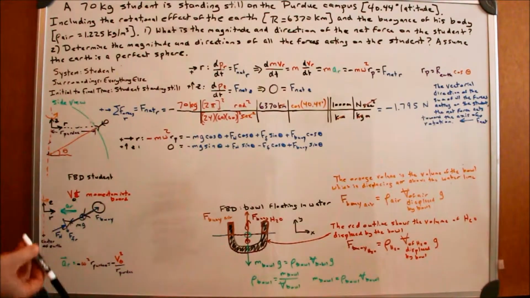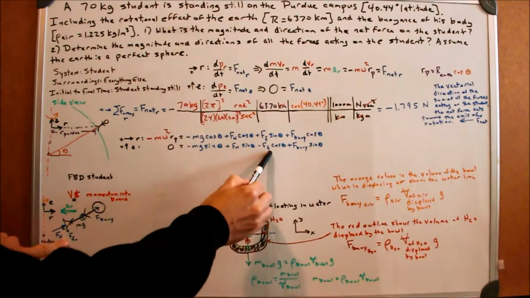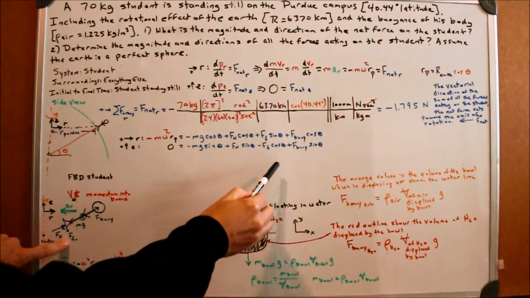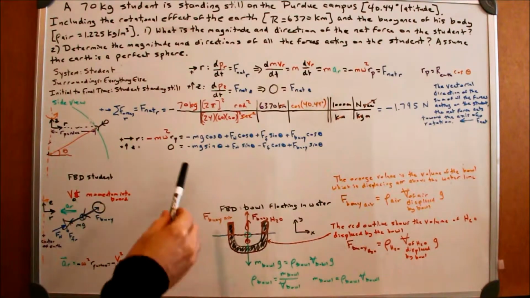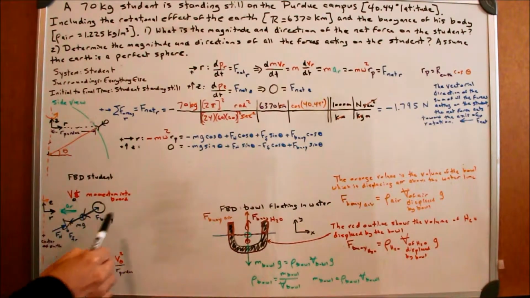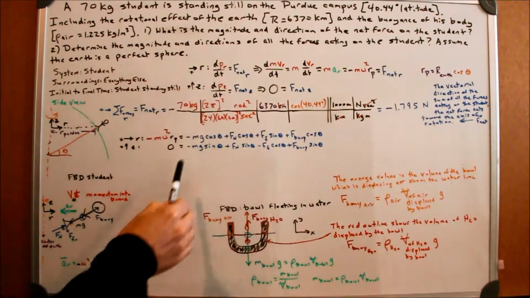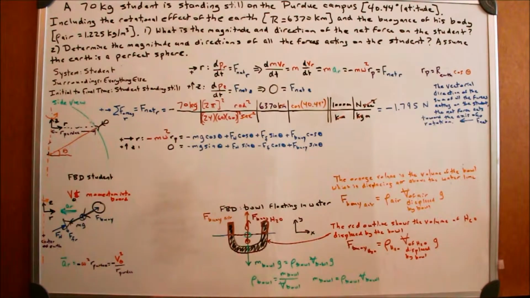The frictional force has a minus frictional force cosine theta, and the buoyancy force has a positive term. So with all the forces I described, now I have these two relationships that can help me solve for the magnitudes of all the forces.